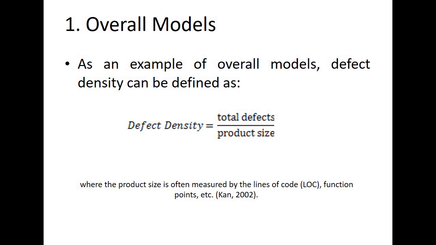Now, this is one example of the overall model, where defect density is defined as the total defects upon the product size. The product size is often measured by lines of code or maybe function points. This is given by Kan in 2002, a very popular article on this.